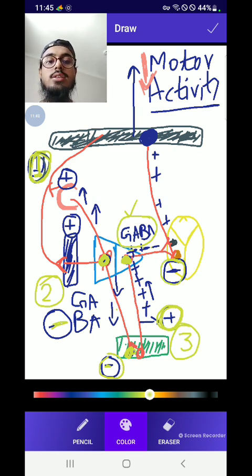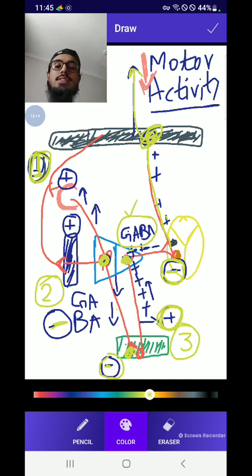So when a lot of inhibition takes place towards the thalamus, the ventrolateral and ventroanterior nucleus, the action potential from the thalamus towards the cortex is very low because it is inhibited through GABA. So very little action potential goes towards the cortex. Okay, so when less potential goes to the cortex, there is less motor activity, so motor activity decreases.